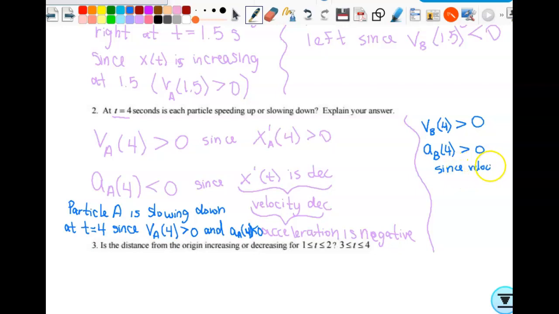So I'm going to say positive since velocity is increasing at time 4. I don't want to just stop there saying acceleration is positive, because my question would be, how do you know? How did we know? And you guys all told me, because velocity was increasing. Velocity was increasing, so its slope, its rate of change, is positive. All right, so now answer the question.